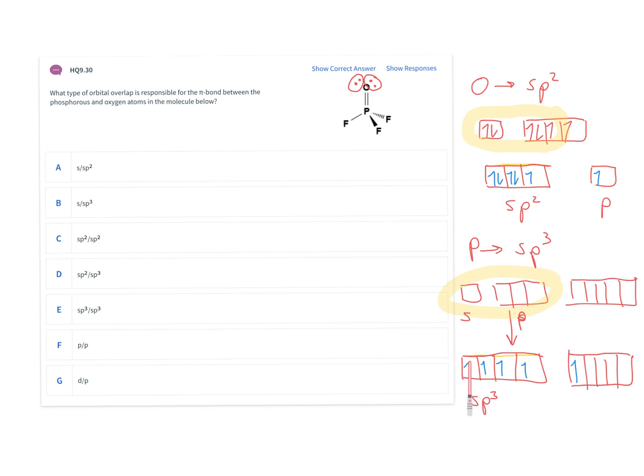I'm going to form 3 sigma bonds with fluorine, where each fluorine shares 1 electron. Those are the bonds used. Here's my sigma bond with oxygen, so the 1 electron here is going to pair up and overlap with this orbital here. That's my sigma bond. And I've got 1 electron in my d orbital.